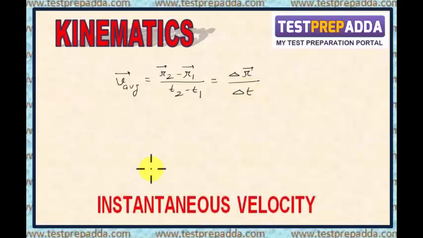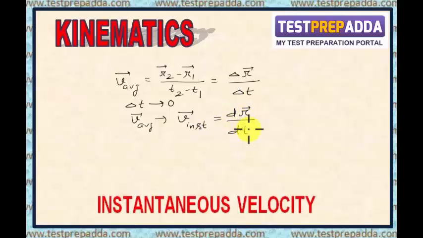Now in order to find instantaneous velocity, take the average velocity over a very small time interval, means delta t tends to 0, then V average becomes V instantaneous, and we represent this with dr by dt.